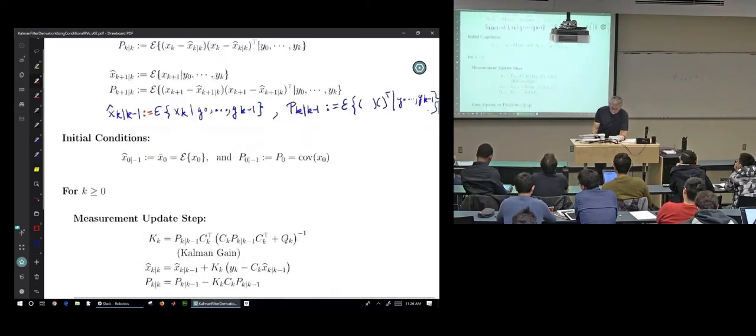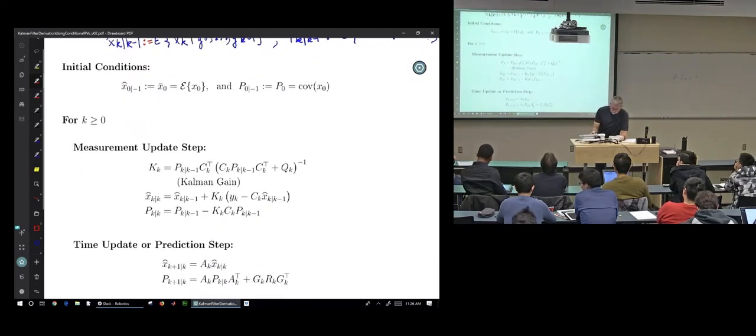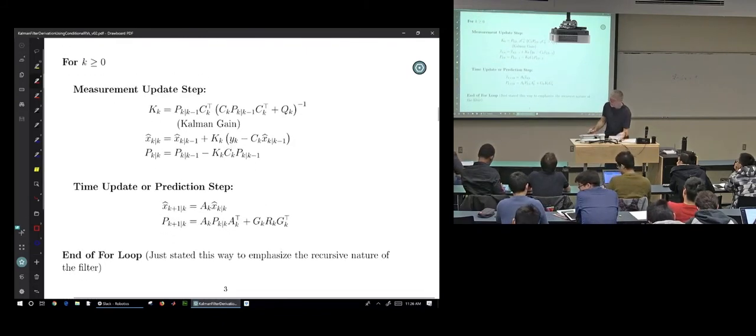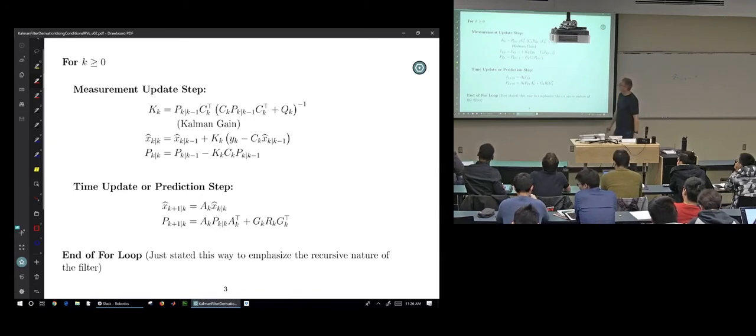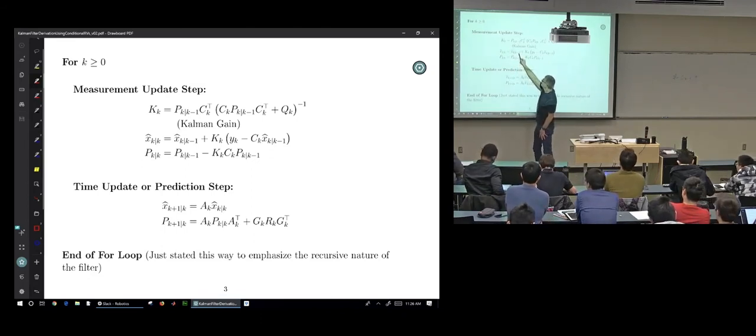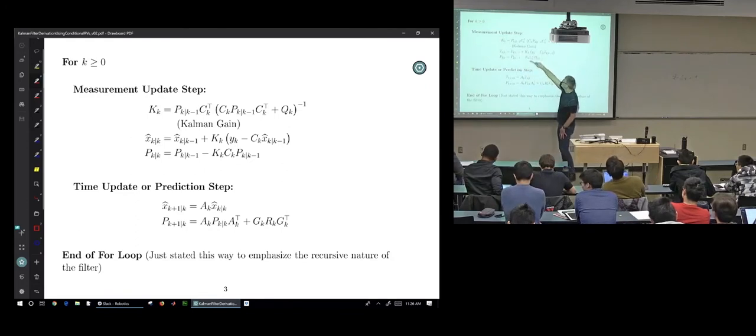So we have data on the initial conditions, and so here's the Kalman filter. It's this loop. First thing we do is we take our conditional mean k given k minus 1, we get a new measurement, and we update it.